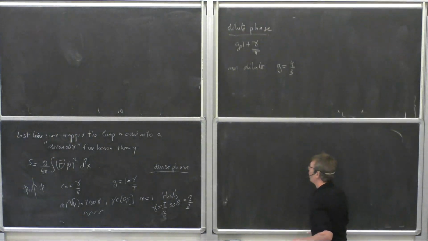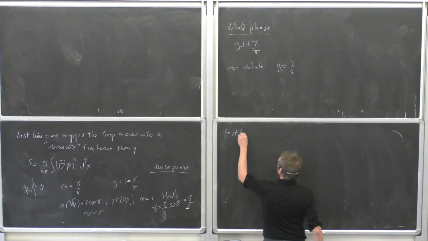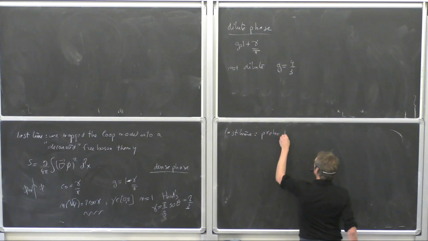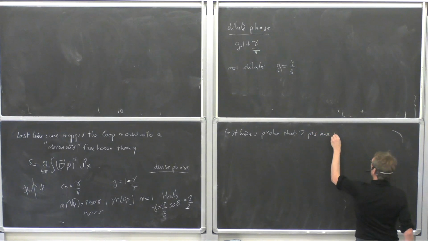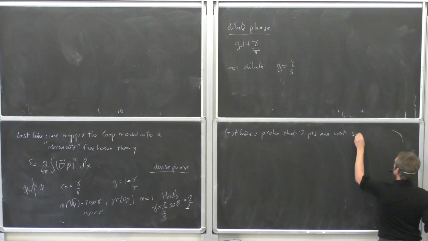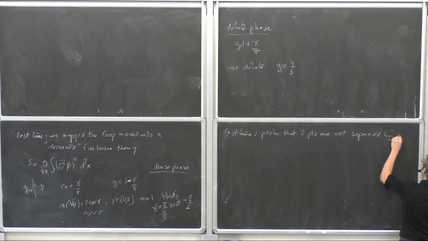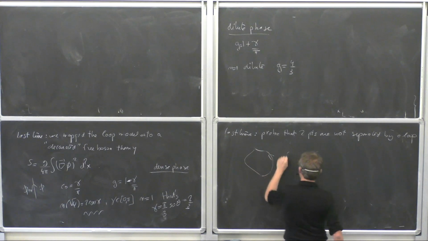So in particular, again, last time, we looked at the probability that 2 points are not separated by a loop. And we argued that this was easy to obtain.